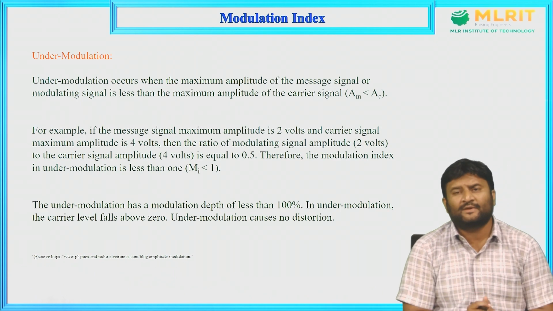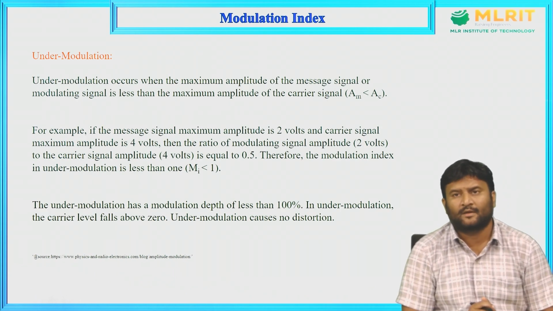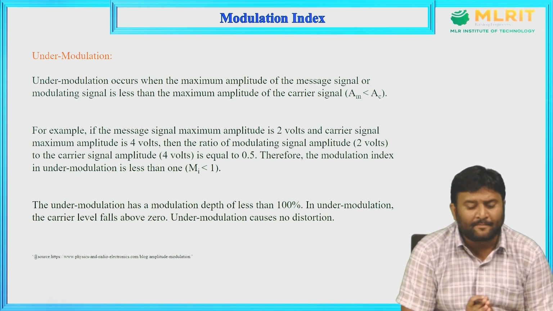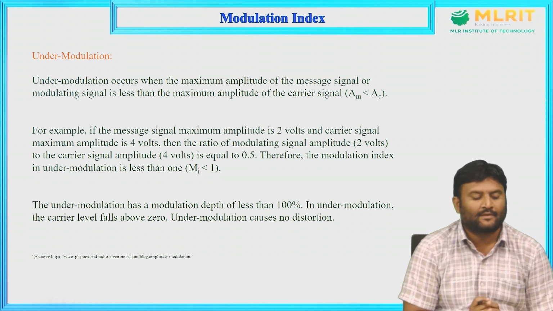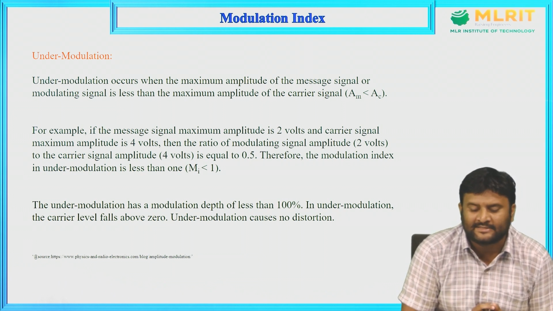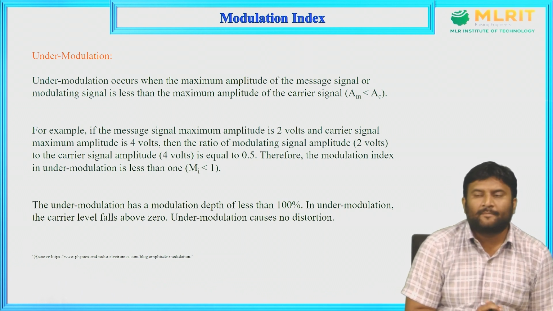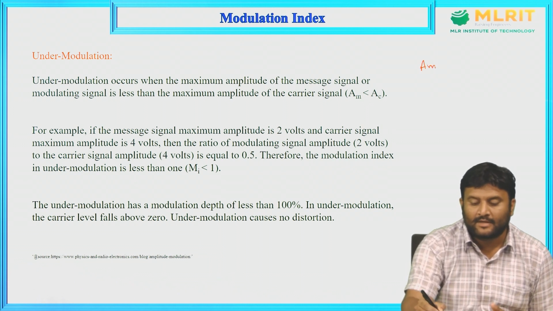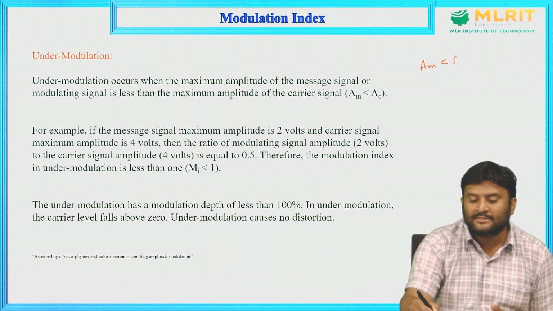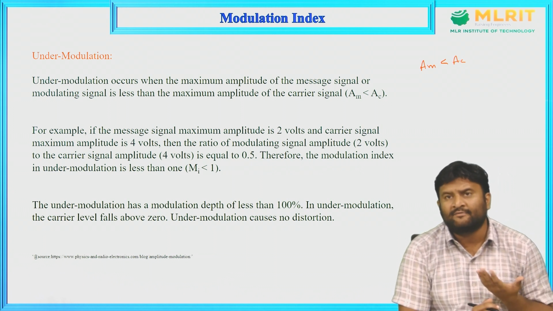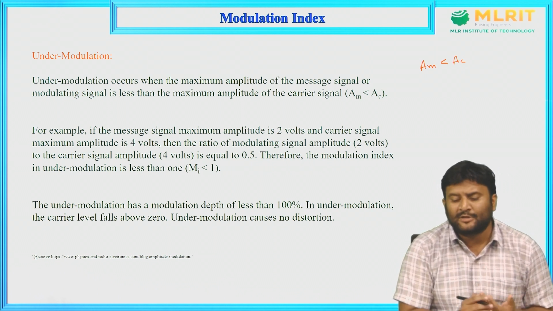Go for the next one, under modulation. What is the meaning of under modulation here? The maximum amplitude of the message signal AM is less than the maximum amplitude of the carrier signal. Otherwise, the given carrier amplitude should be more.